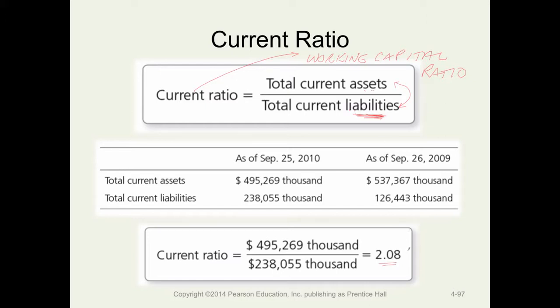So it's actually 2.08 to 1. So you have over 2 times the number of current assets than you have current liabilities.